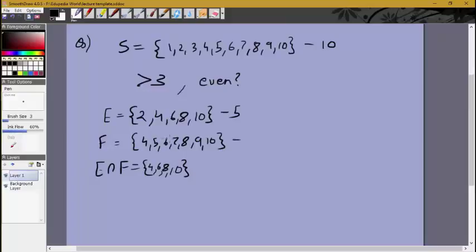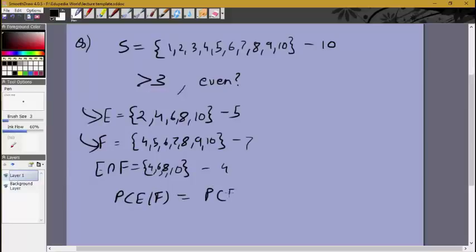So F is a total of 7 elements, and E intersection F is a total of 4 elements. We need to find P of E conditional F, because what we need is the probability that the number is even, E, given that the number is greater than 3, given that F has already occurred.